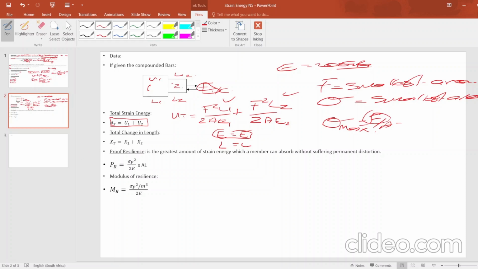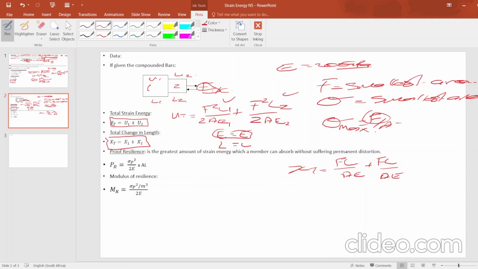Now, if given a compounded material like this, don't forget as well how to calculate the change in length. This is the formula that we know for calculating the change in length. Xt equals FL over AE plus FL over AE.